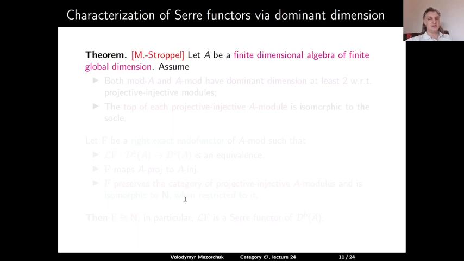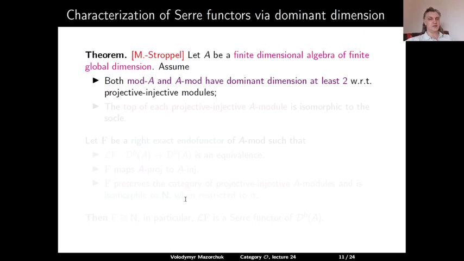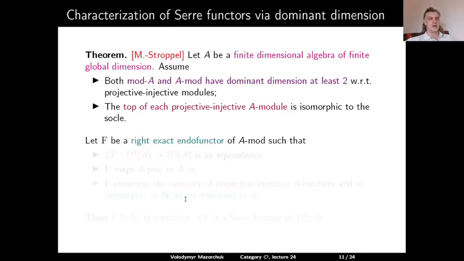Let A be a finite dimensional algebra of finite global dimension. Assume that both mod A and A mod have dominant dimension at least 2 with respect to a projective injective module, and that the top of each projective injective module is isomorphic to its socle. Let F be a right exact functor of A mod such that the left derived of this functor is an equivalence of the bounded derived category.